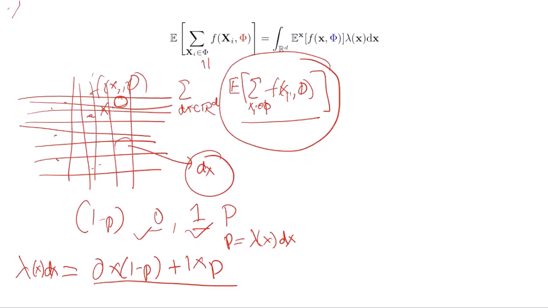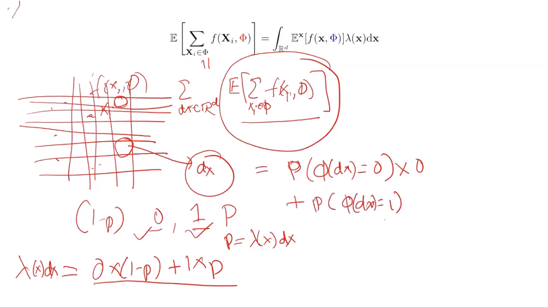If I focus on this set, the expectation of this can be given as the probability that there are 0 points in this set, multiplied by the value of this random variable, which is 0 if there is no point, plus, if there is 1 point, the probability multiplied by the expectation of this function, conditioned that there is one point at x.